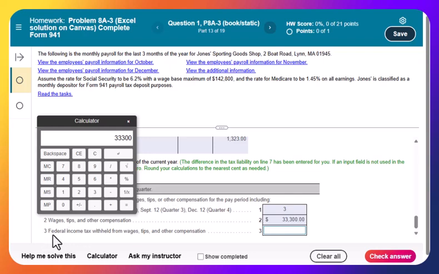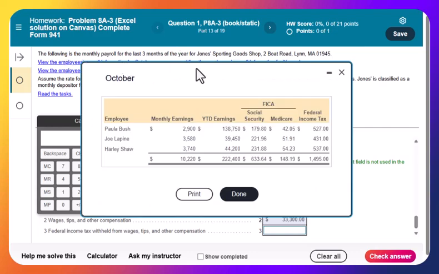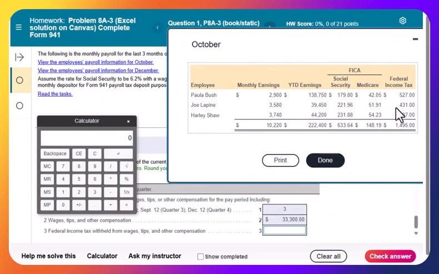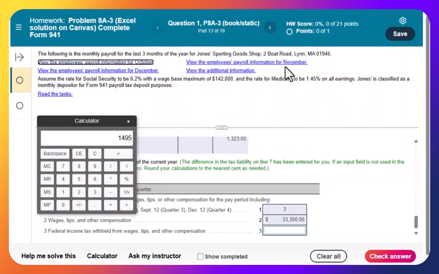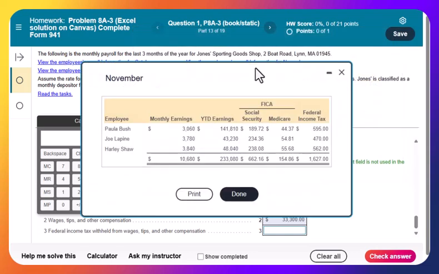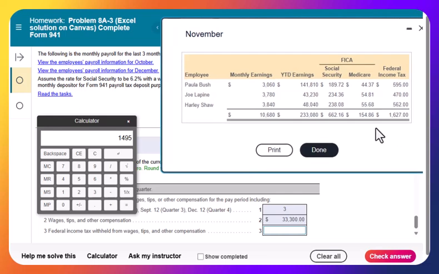Then number 3, federal income tax withheld from wages, tips, and other compensation. So go ahead and clear out your calculator and we'll open up each of the months here and add the federal income tax for each, the total. So 1,495 is the total paid for October. And we're going to get that into our calculator here. We're going to add November. So we have 1,627 there.